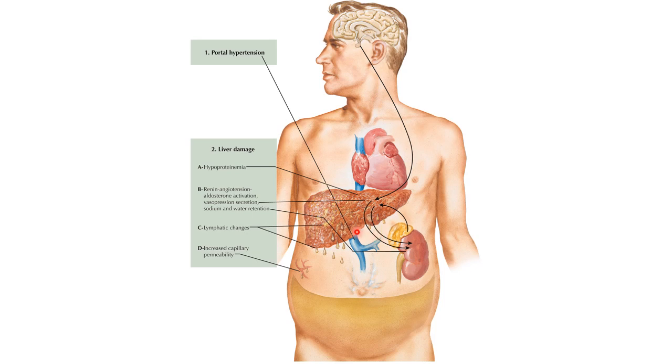And take note, this letter B is the most important mechanism in ascites formation. So that is why the cornerstone in treatment of ascites would be fluid and salt restriction. Okay? Plus use of diuretics.